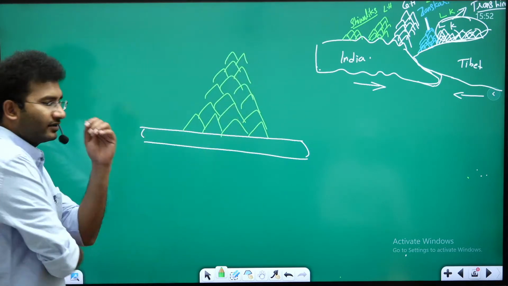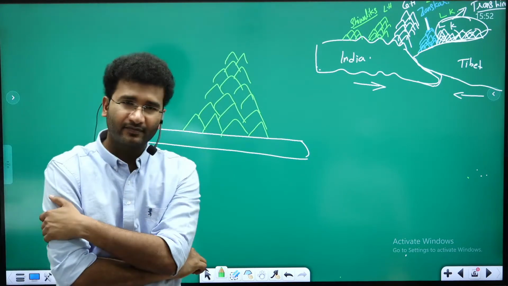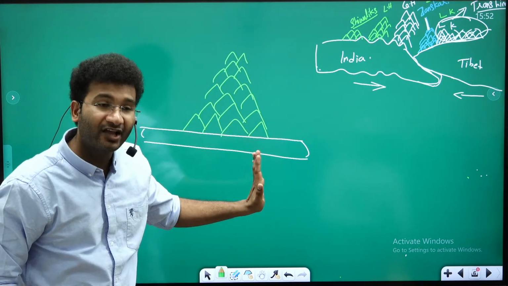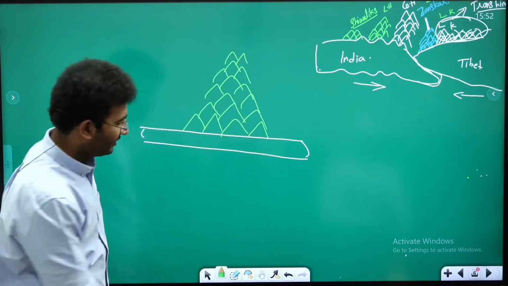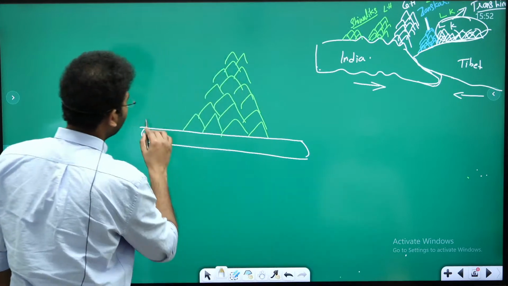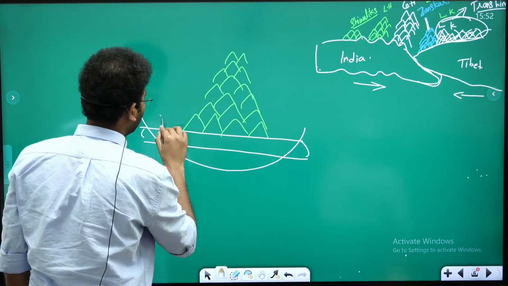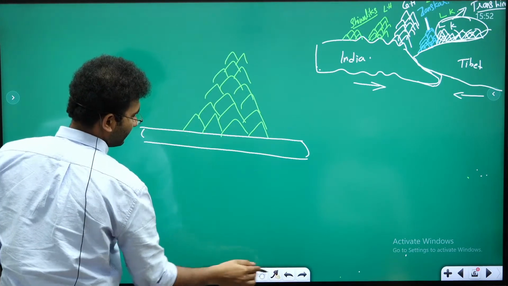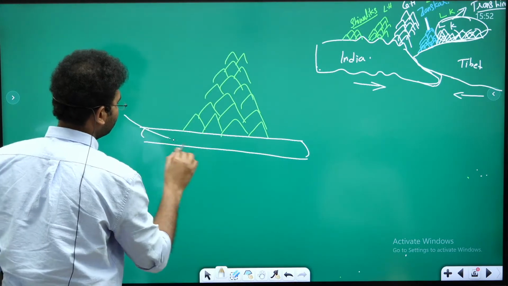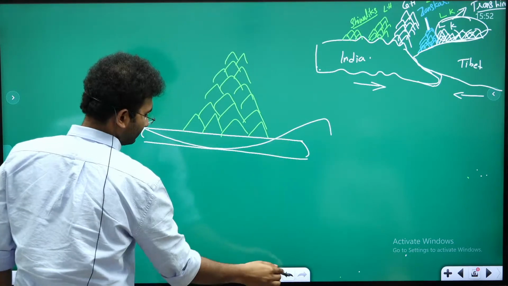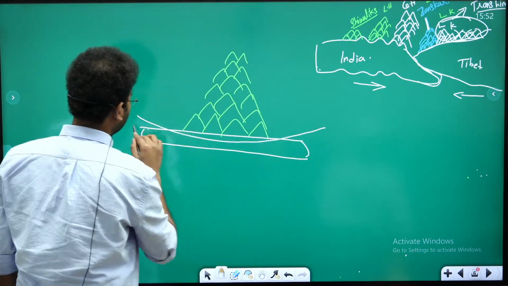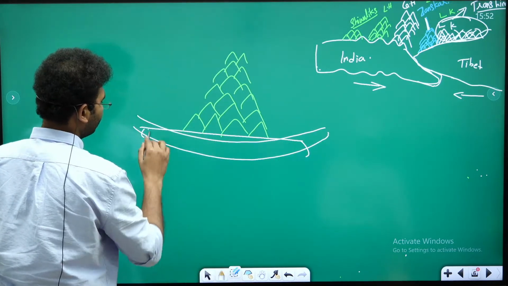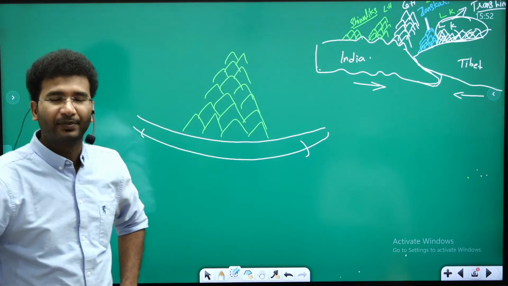What happens to the weight of the plate? Increases. So what happens to this plate is that it will start to make foredeeps. What are these foredeeps? It is like this. The plate will start to make a foredeep. To be more specific, the plate will bend. This is how the plate bends.